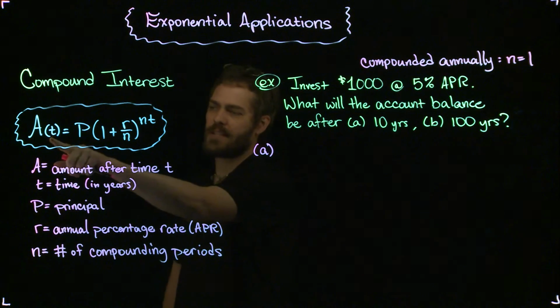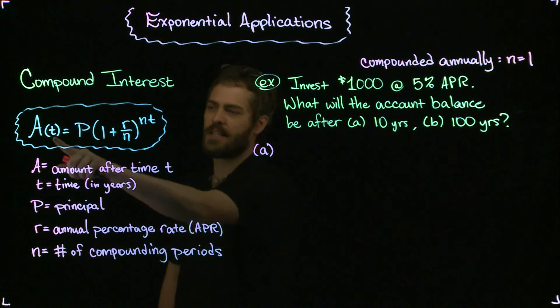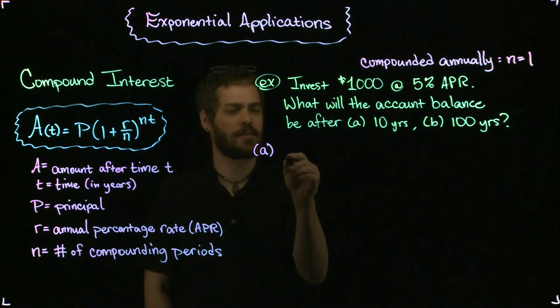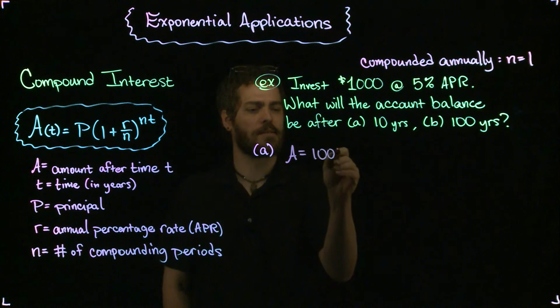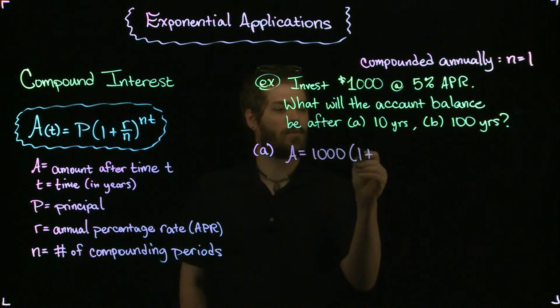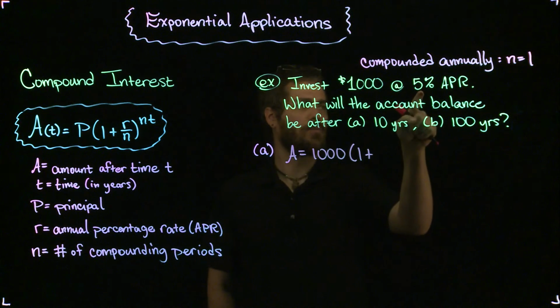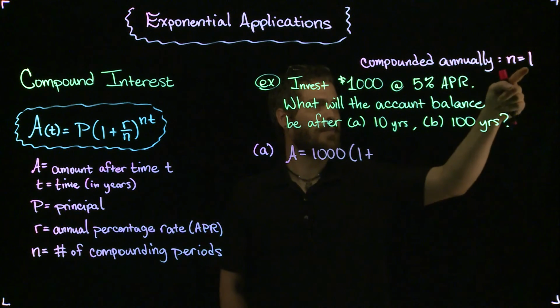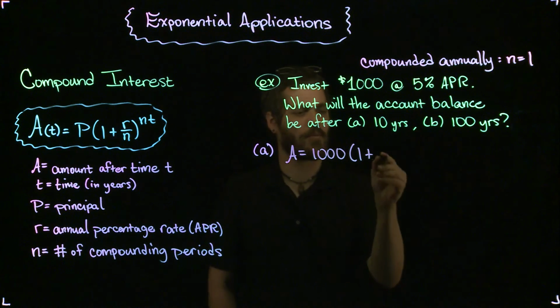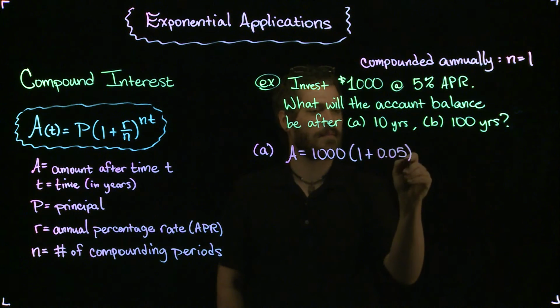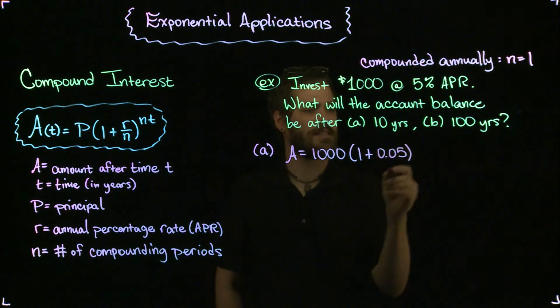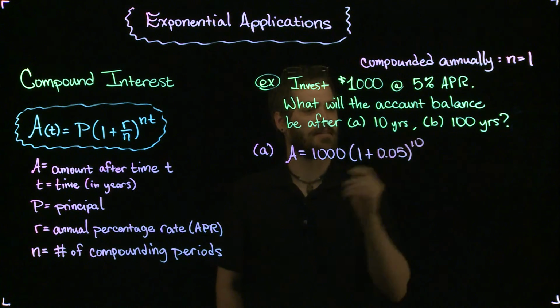I'm not going to write the t here, just to let you know. T is the variable, that's why I wrote it in the first place. So A is equal to our principal, $1,000, times 1 plus the rate divided by the compounding period. And we're going to use that rate as a percent, times nt, and in this case we're looking at 10 years.